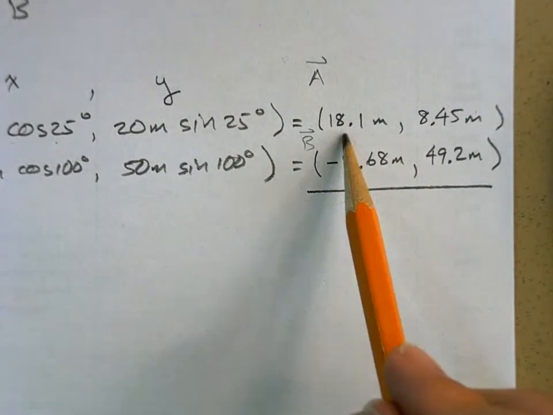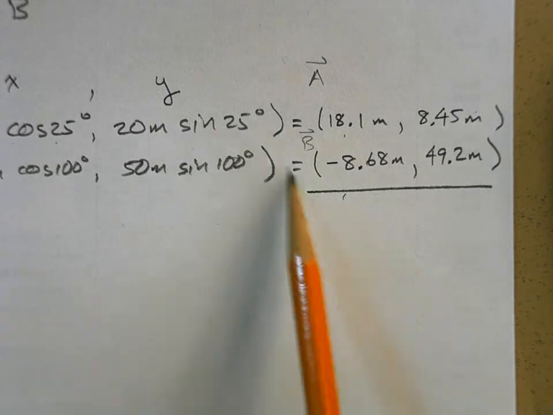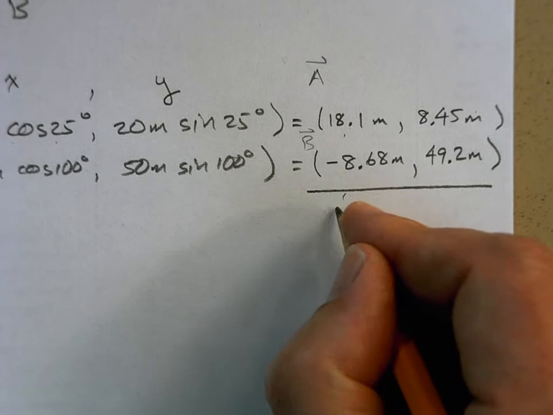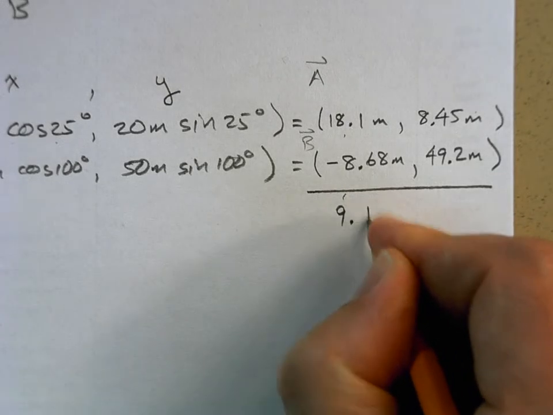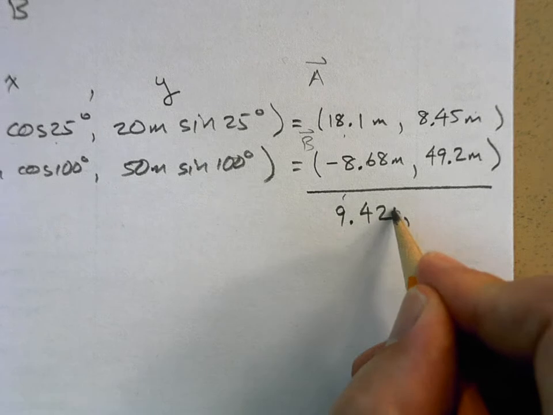So we can add AX and BX, so I'm going to go 18.1 minus, now I'm adding them, but this is a negative, so minus 8.68, and I get 9.42. I'm being pretty careless with significant figures here. Oh, meters.